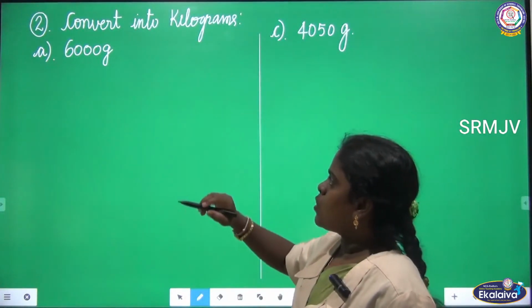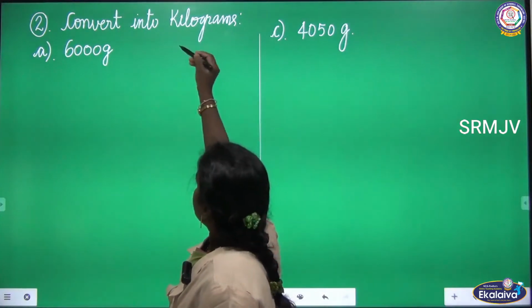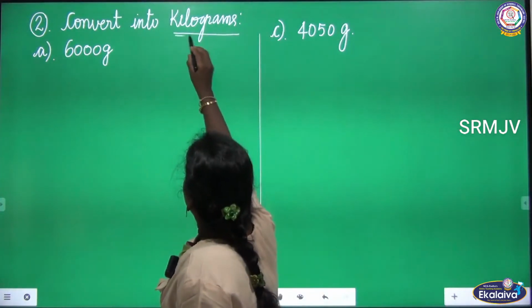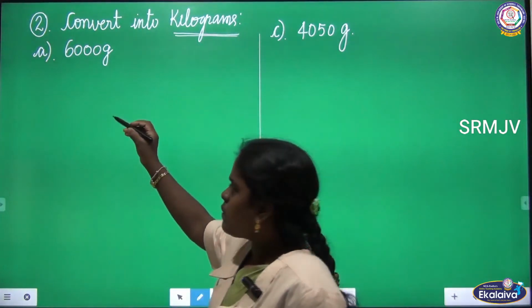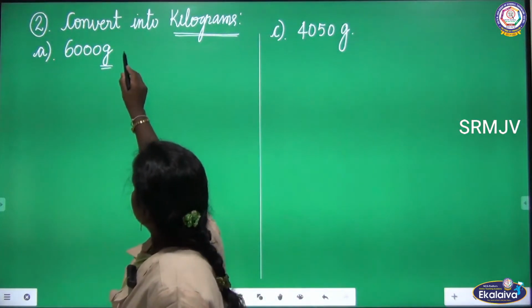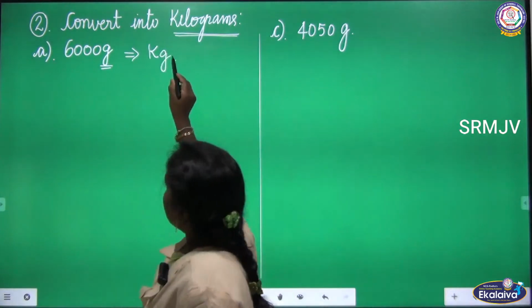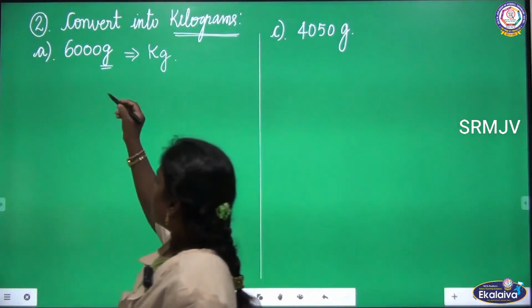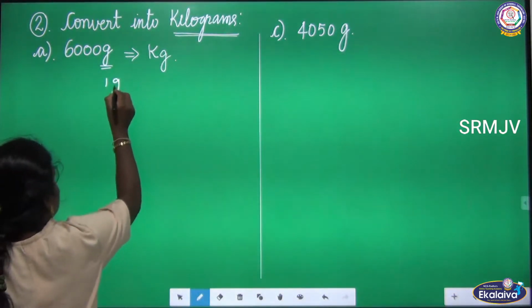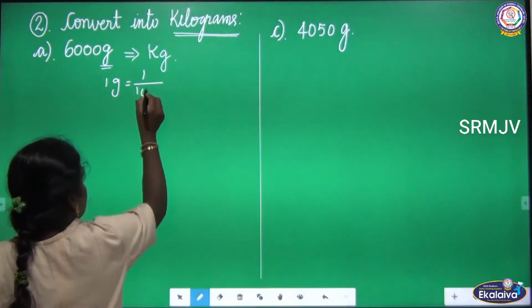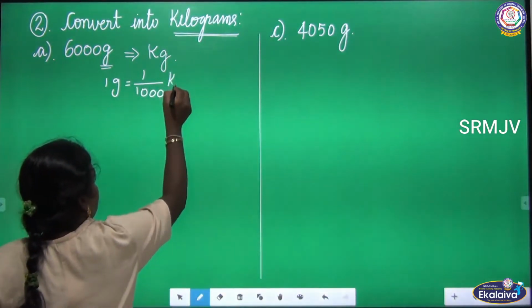Now look at the next Roman letter. Convert into kilograms. We are going to convert the given unit gram into kilogram. So here we are going to use the formula 1 gram equals 1 by 1000 kilogram.